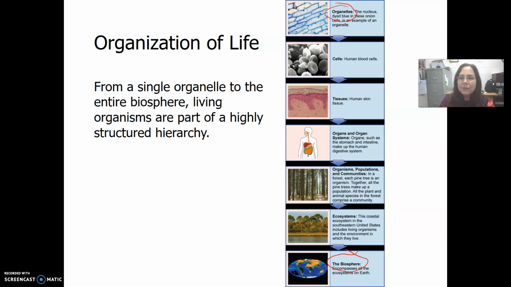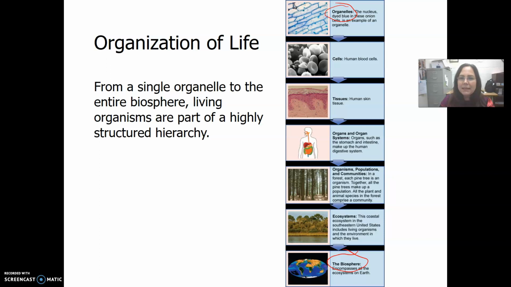So with organisms, groups of organisms of the same species are populations. A population is a group of organisms of the same species. A very common pine tree in North Carolina is the loblolly pine. So I could say the population of loblolly pines in North Carolina, but I couldn't say the population of trees because that's not a specific species.